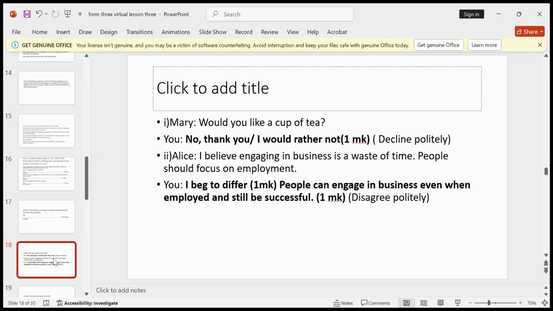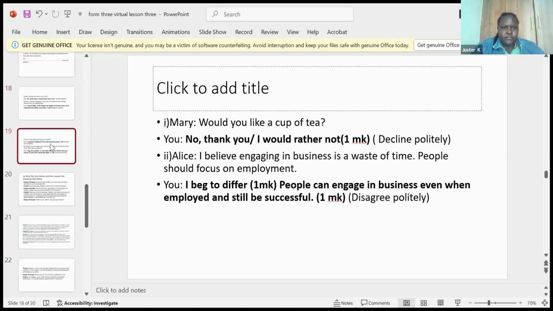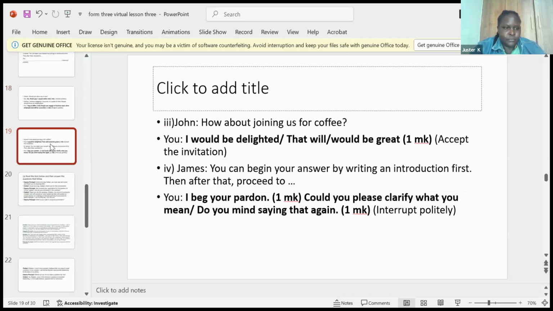People can engage in business even when employed and still be successful. How about joining us for coffee? Accept the invitation. I'll be delighted.